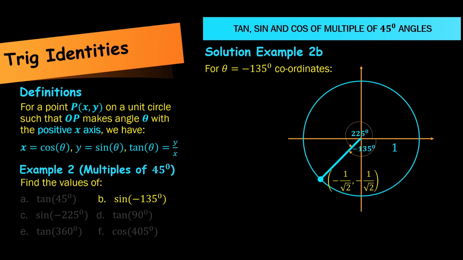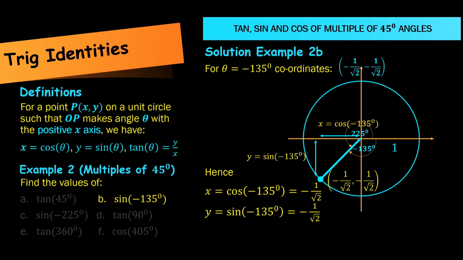And the positive angle, of course, is 225 degrees. And therefore, cos minus 135 degrees equals minus 1 over root 2. And y equals sine minus 135 degrees equals minus 1 over root 2 also.